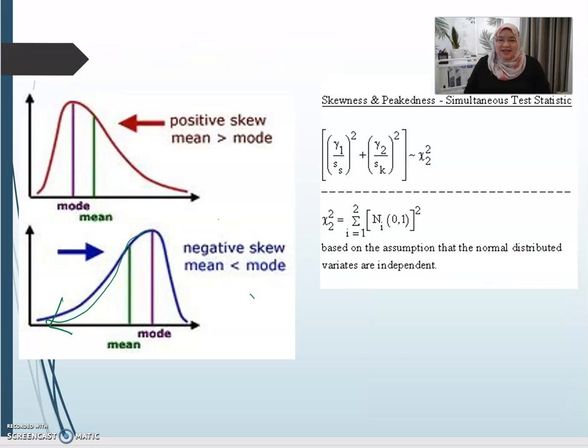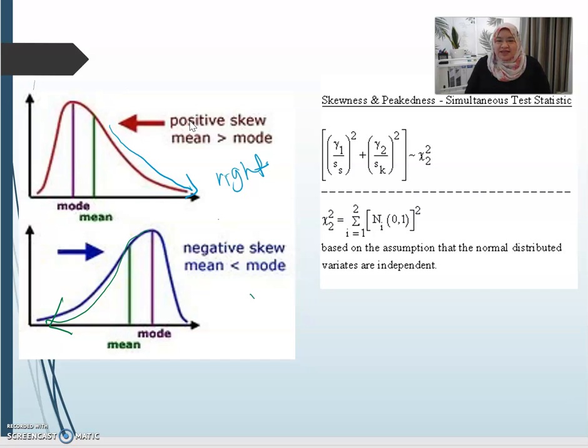So this is an example of skew, and this is what we call a positive skew, where the mean is more than the mode, and it has a long tail on the right. This is what we call a right skew.